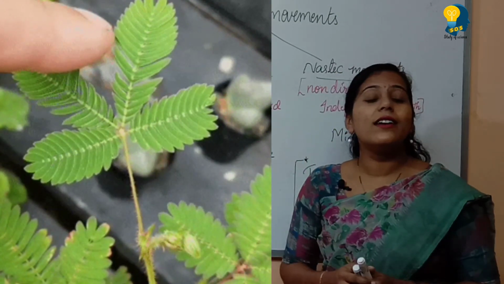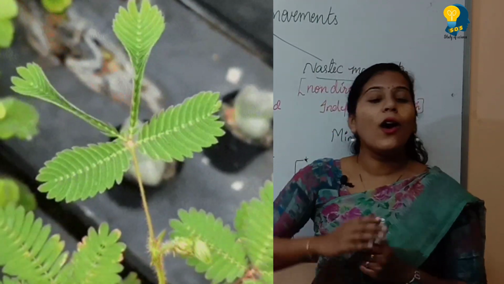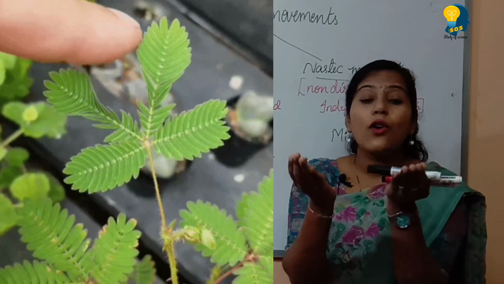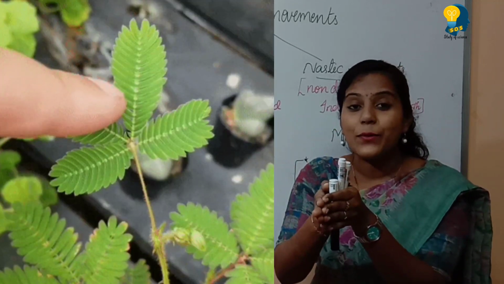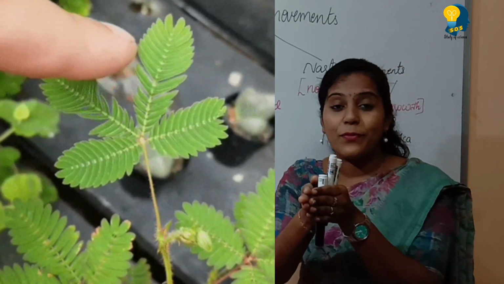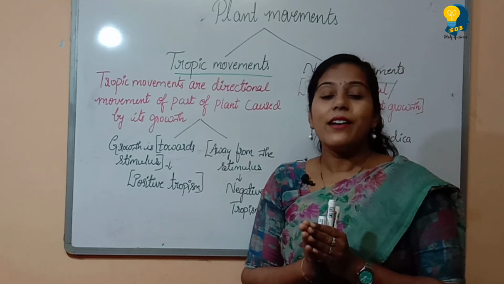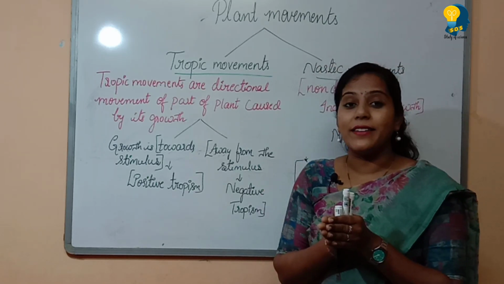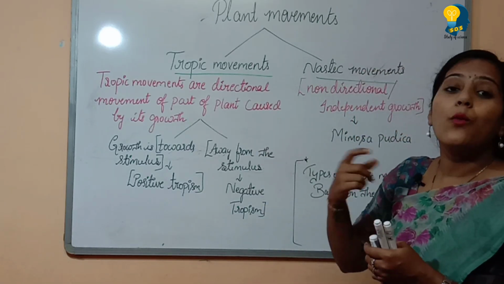When we touch the leaves of the Mimosa pudica, obviously you have observed that the leaves will just droop. It will fold its leaves, right? The leaves of the Mimosa pudica fold. Correct. That movement we call the nastic movement. Understand? So when I talk about the nastic movement, they are what kind of movement?